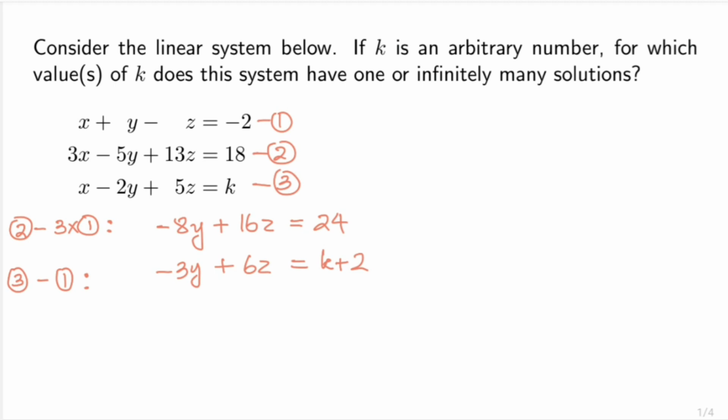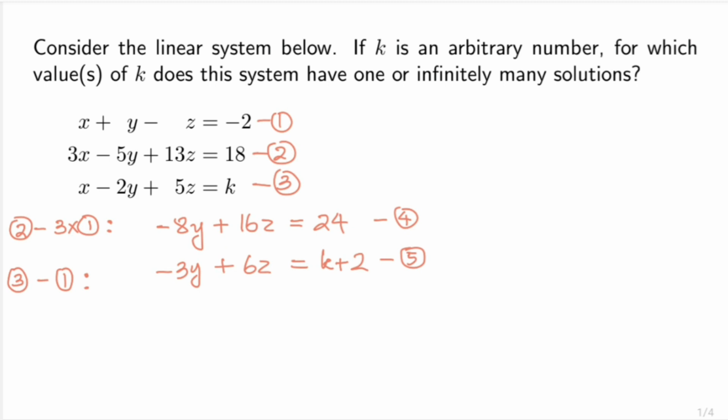And we also want to eliminate y from the last equation. So we want to use this equation, let's call it equation 4, to eliminate y from equation 5. If we notice that 8 is a common factor of each term in equation 4, then we can divide through equation 4 by 8.